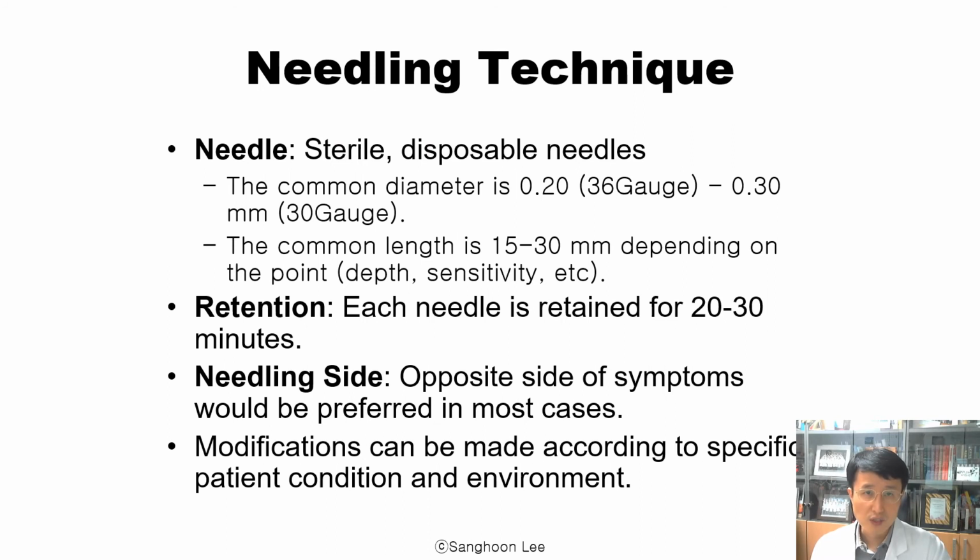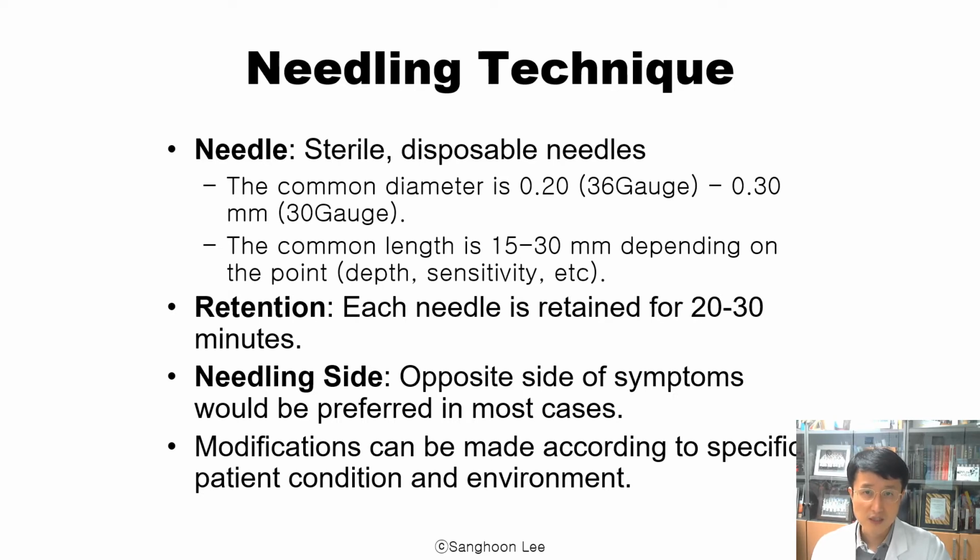Moving on to the needling technique. Needles are sterile, disposable, common needles. The diameter can be 0.20 millimeters, 36 gauge, to 0.30 millimeters, 30 gauge. The common length can be 15 to 30 millimeters.